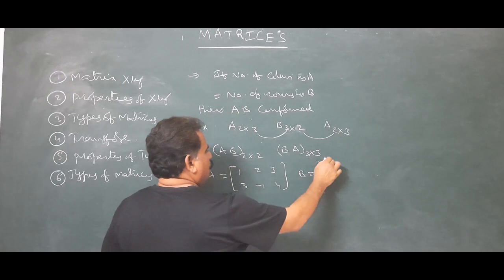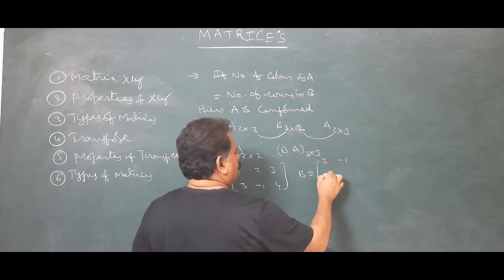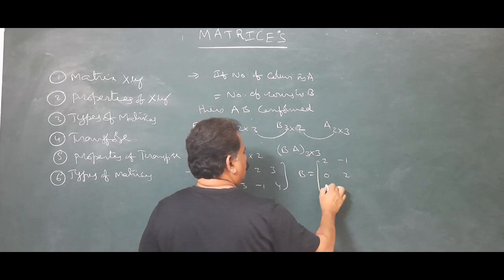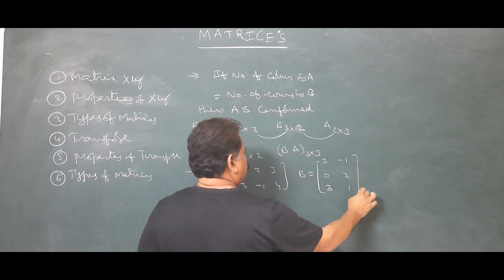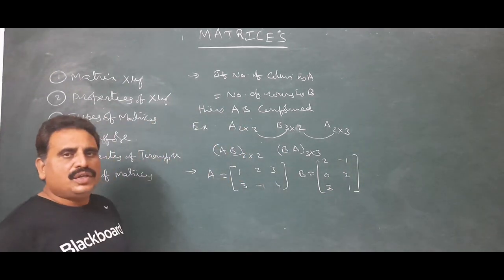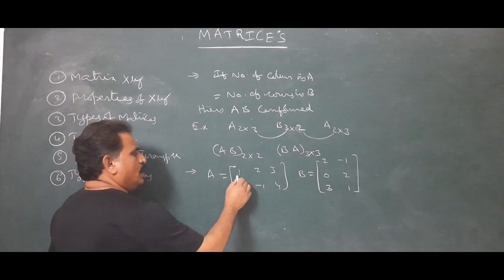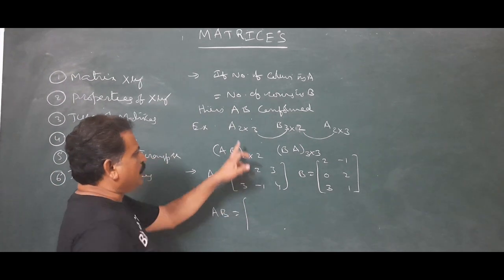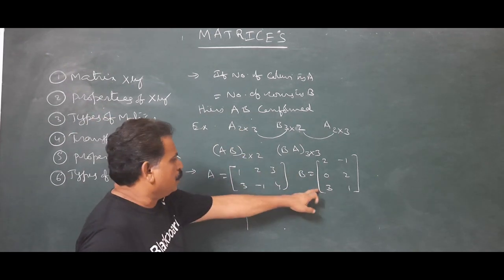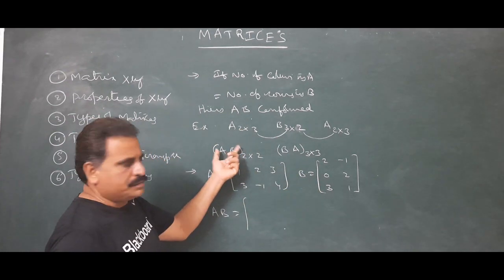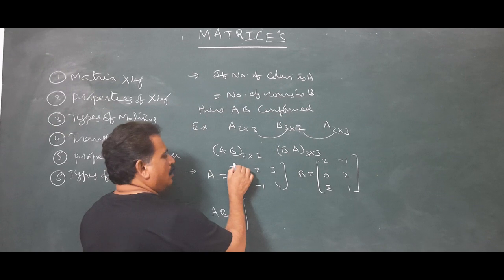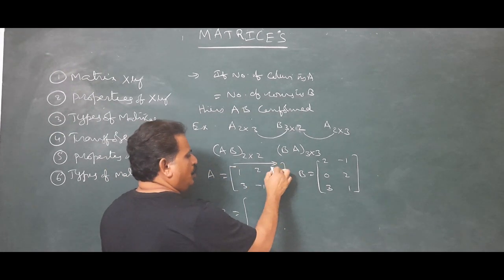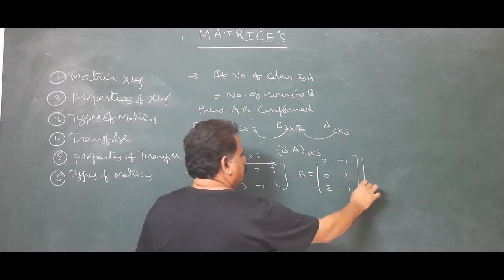B equals 2, minus 1, 0, 2, 3, 1. Now here AB, A into B, that is A 2 by 3, B 3 by 2, the product is a 2 by 2 matrix. Here we take the row in A and the column in B.